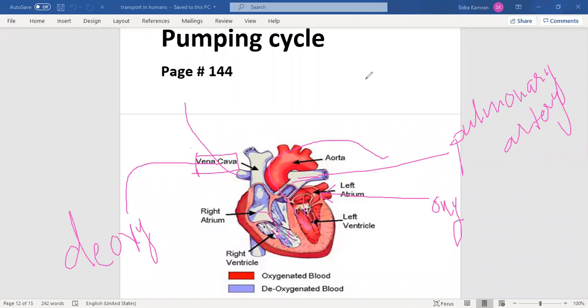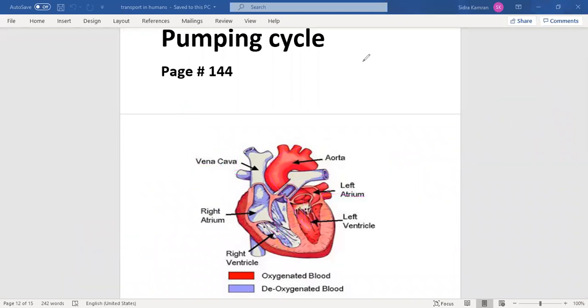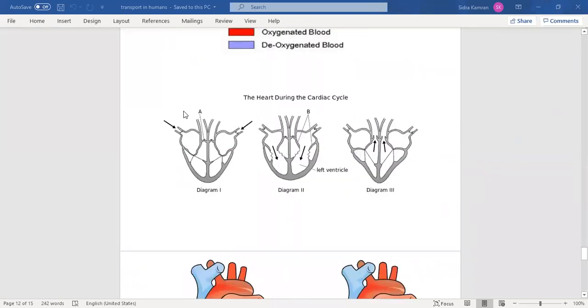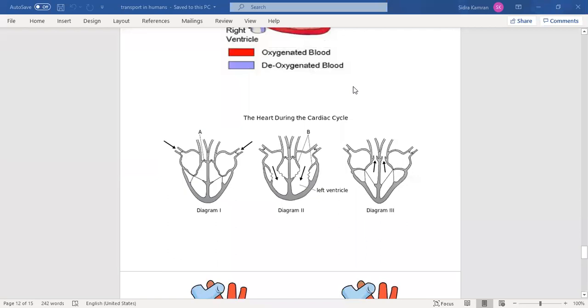Let's see how this happens. Here you can see in this diagram, the blood is entering from the right side and from the left side into the heart. Here you can see the blood has entered.